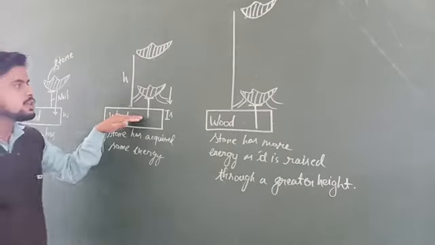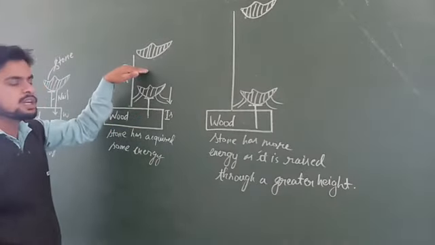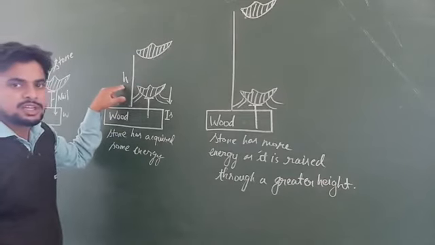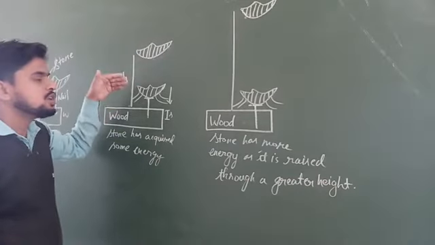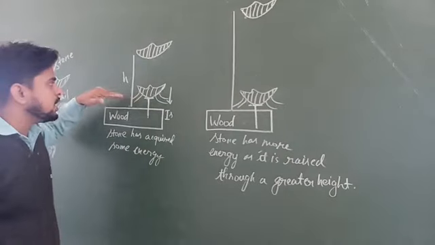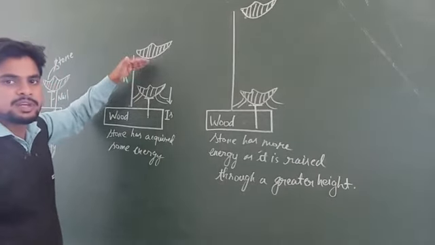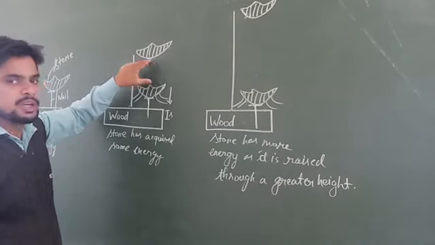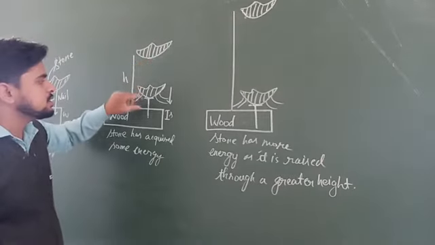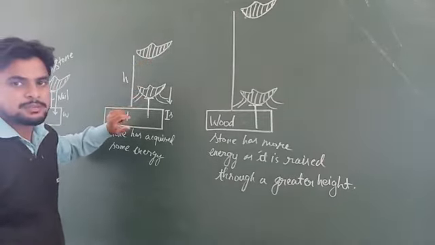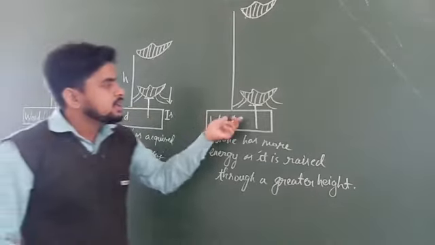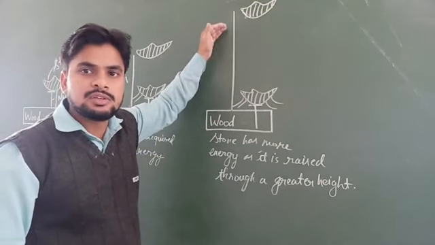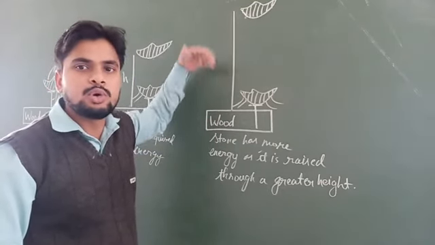So we have done some work against the force of gravity in order to raise it through a height h. And the work that we have done to raise it against gravity is stored in the form of energy, with the help of which the nail is displaced. Here we have raised it through a greater height, so we have done more work.